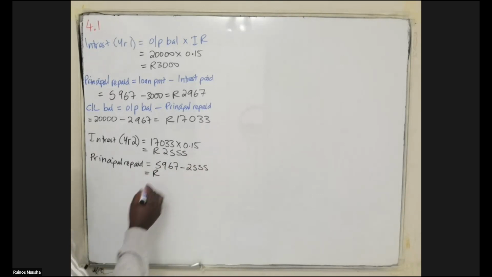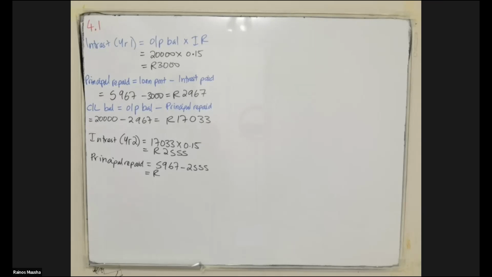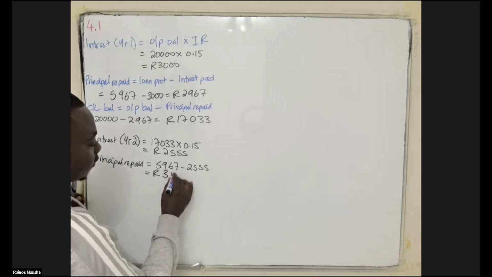So this will tell us exactly how much principal was repaid in year two. 3,412.